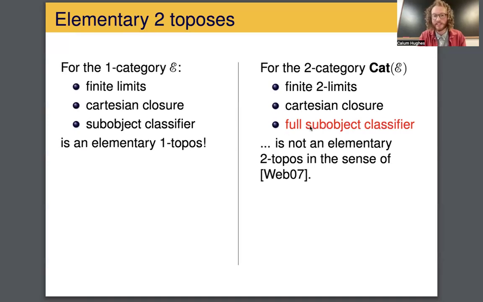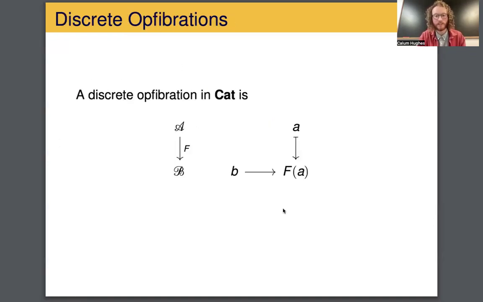And that's because this kind of full subobject classifier is not the right kind of classifier, or it is not the kind of classifier considered in Weber's work. So instead, he considers the notion of a discrete opfibration classifier. So let's talk a bit about that.